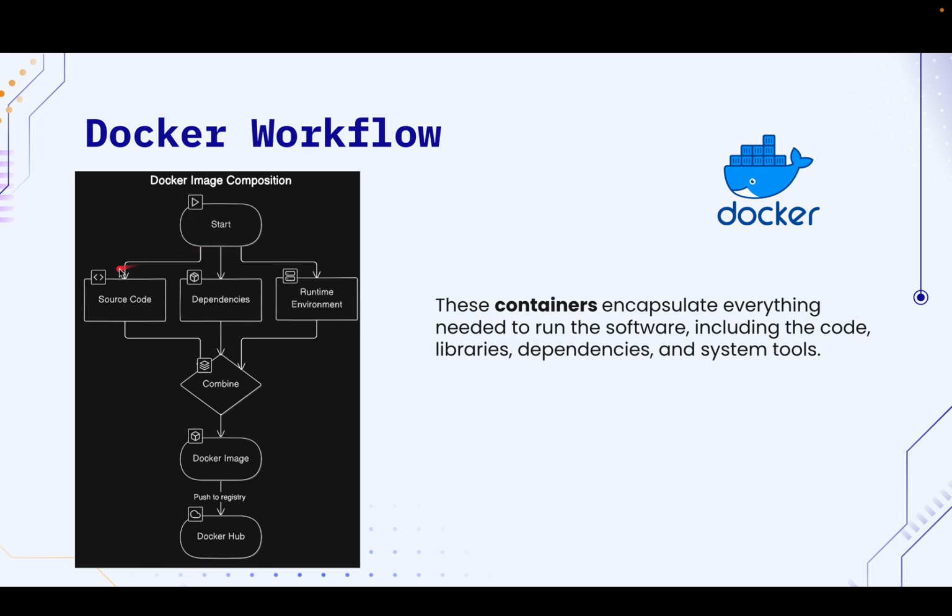So we're going to put our source code, dependencies, and also include our runtime environment. All this logic or instruction is written in a file called Dockerfile, and then we can build that Dockerfile to create a Docker image, and then we can run this Docker image, or we can push this image to a container registry.